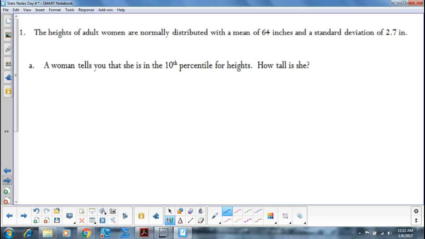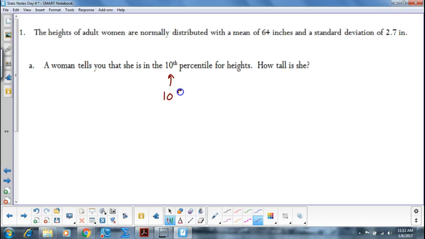Okay? Reverse. So, number 1 says, part A, a woman tells you that she is in the 10th percentile for heights. If this woman is in the 10th percentile for heights, that means that 10% of the population is below her, correct? From percentile work from yesterday.